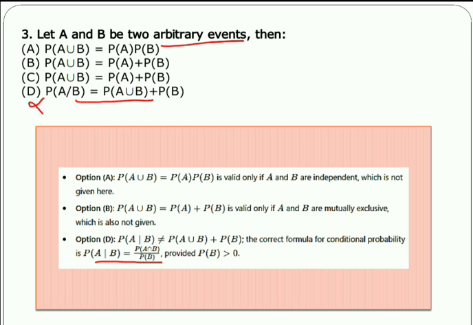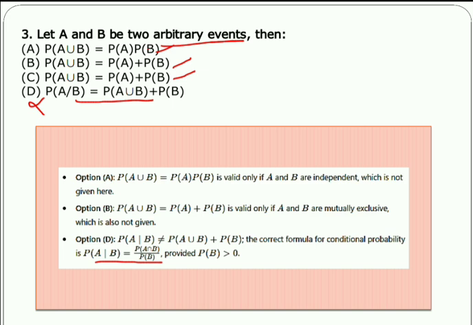So D is wrong. And A and B are valid, but only in certain cases, so in independent cases and in mutually exclusive cases. But if A and B are arbitrary events, then option C is the correct one.